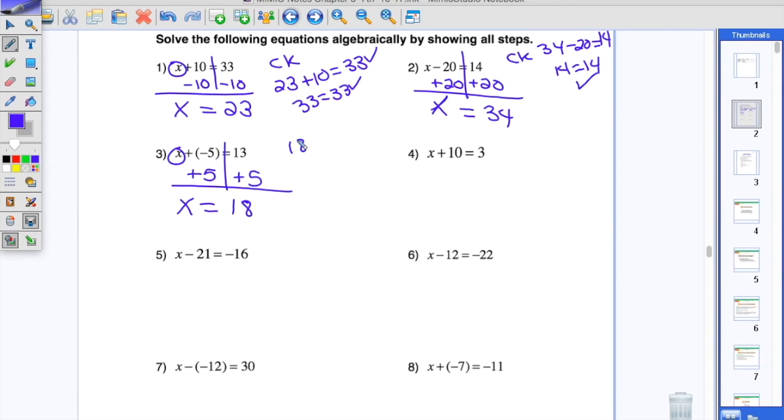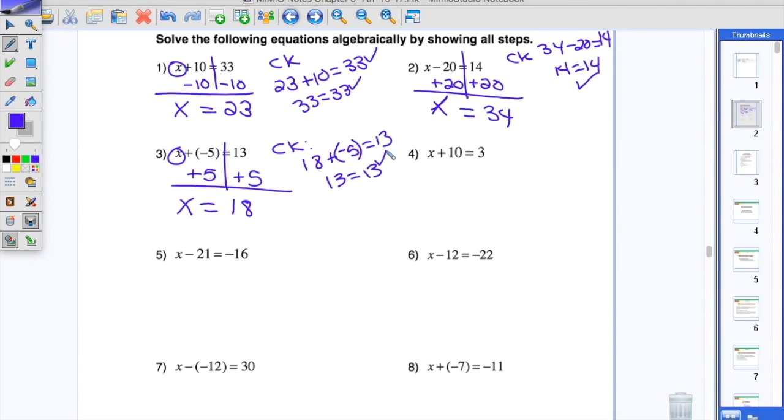To check it, we have 18 plus a negative 5 gives you 13. So our answer is check.